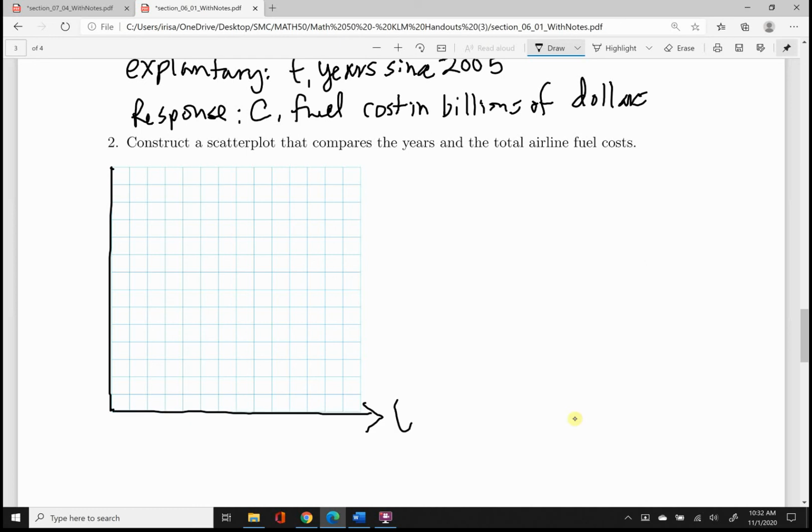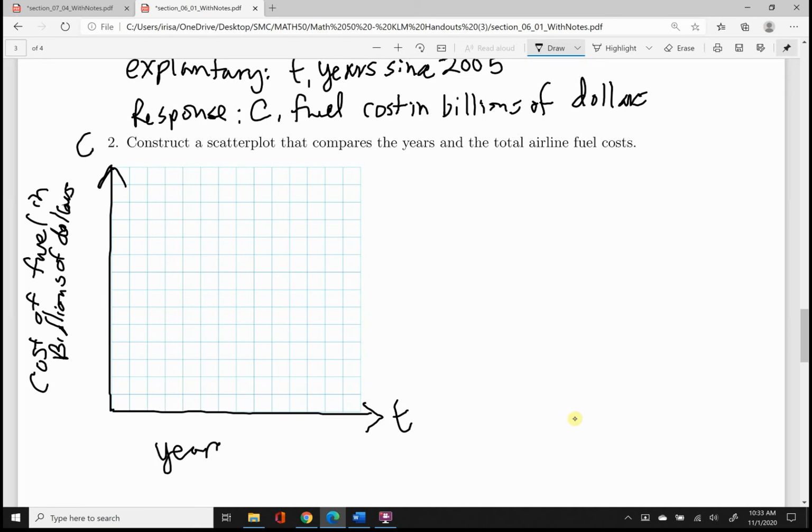So it's t here, C there. C is the cost of fuel in billions of dollars, and t is years since 2005.